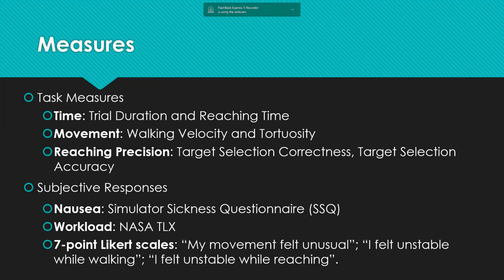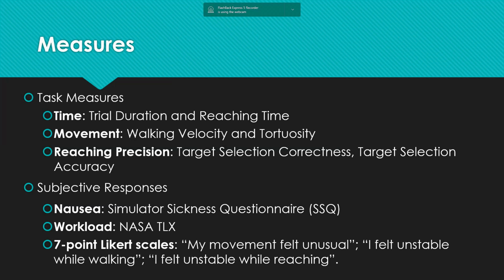The measures that they took, the task measures, the quantitative measures, were time, the trial duration, and reaching time. Trial duration was the total time to complete the task, and reaching time is, once they reach the wall or table, the amount of time they took to select or pick up or drop the cube.